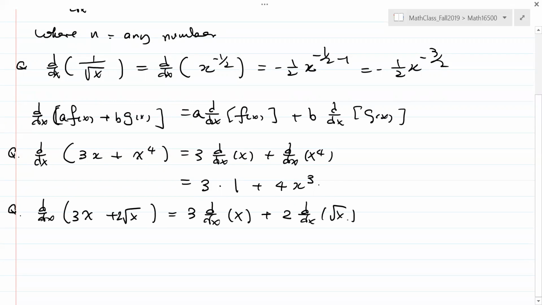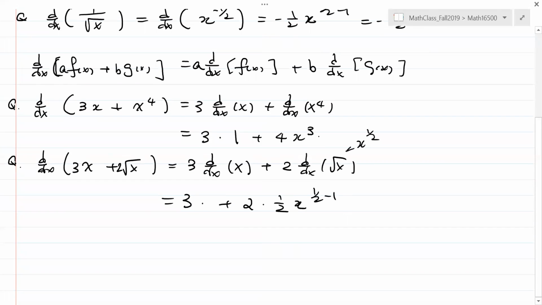The square root of x is a power function, x to the 1/2. So here's 3, the derivative of x is 1, and twice the derivative of square root of x is 1/2 x to the 1/2 minus 1. Then you simplify it, you get x to the negative 1/2. So that's it.